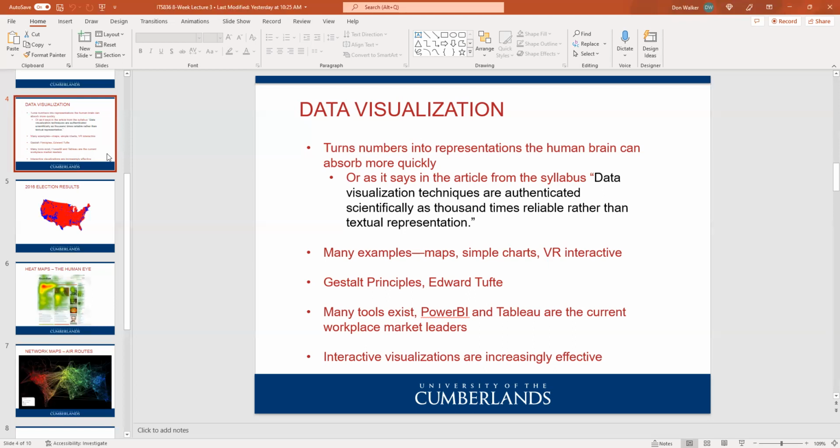So this next bullet, these are two of the leading names in print that have come up with principles and whatnot. Gestalt was a German psychiatrist 100 years ago or more.